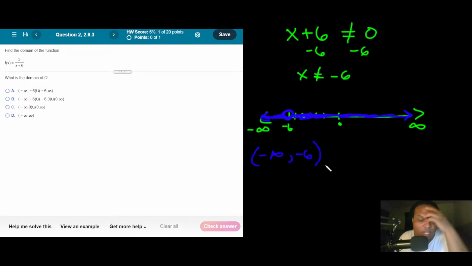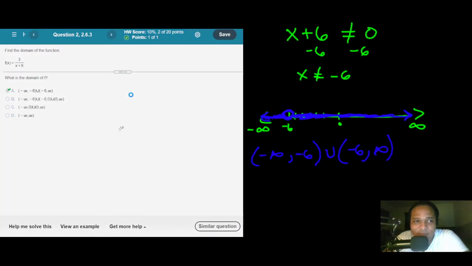Remember, bracket is for equality. The parentheses is for non-equality. So it cannot be equal to negative 6, so make sure you put a parentheses. Union with, we're going to pick right back up at the negative 6 and say infinity. So this is another way of saying x is anything except for negative 6. So there it is. That's it.